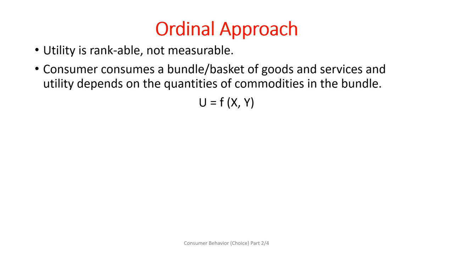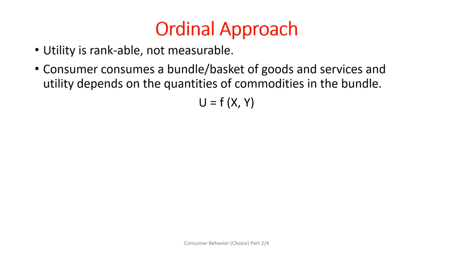That is, the consumer compares a bundle having different quantities of commodities with another bundle having different quantities of the commodities, and he derives the utility from the bundle as a whole. For simplicity, we assume that the bundle consists of two commodities, X and Y. So the utility depends on the bundle of X and Y as a whole.